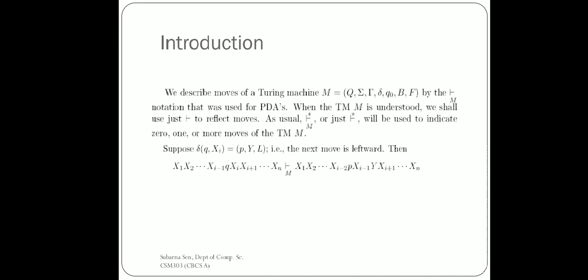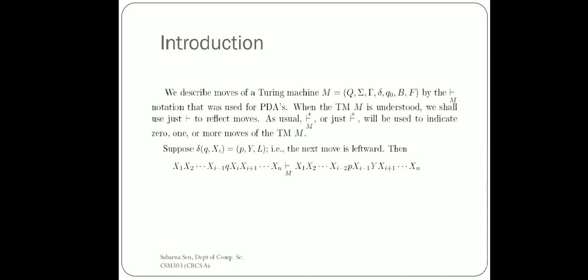Here we are using M intentionally, we have not used it in the case of PDA. Here M means we are using this turnstile symbol to represent the transition in case of a Turing machine. We may keep the M with it, we may not keep it, and the star above it means there may be 0 moves, 1 move, or more than 1 number of moves.